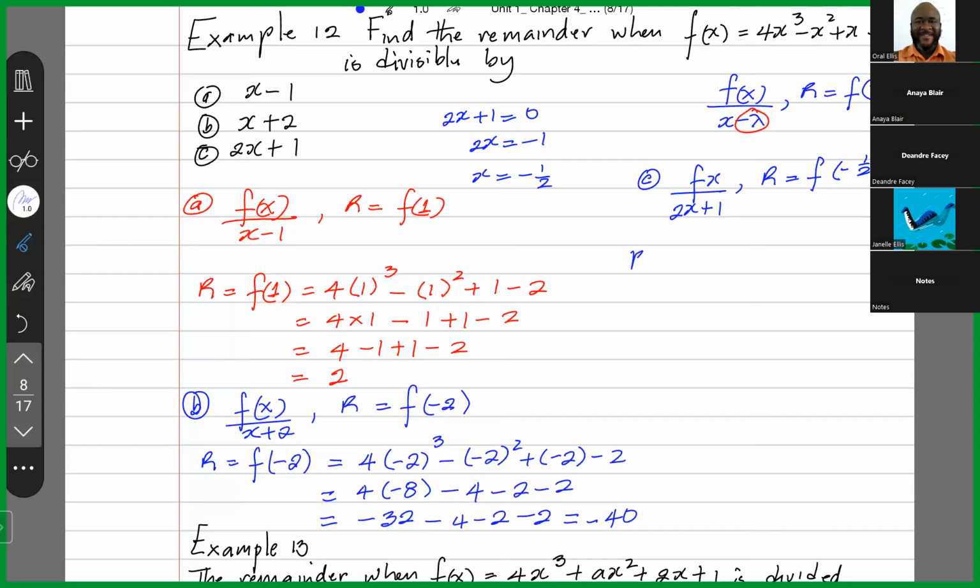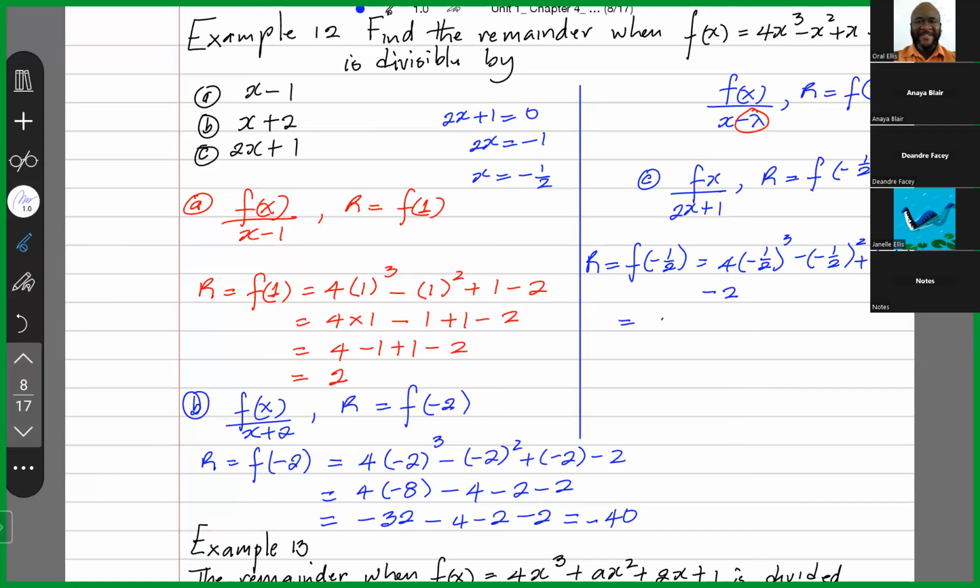So the remainder, which is f of minus a half, is equal to 4 times minus a half cubed, minus minus a half squared, plus minus a half, minus 2.